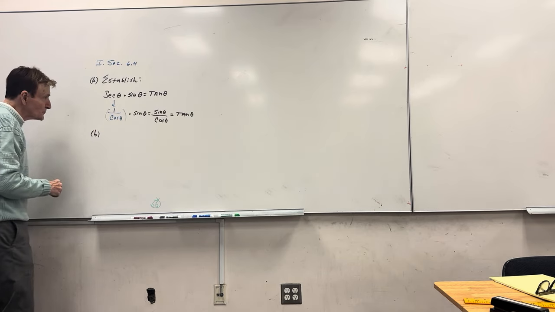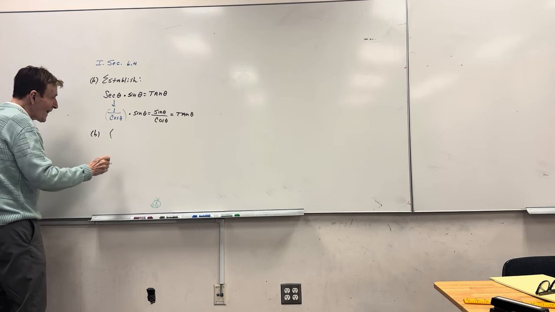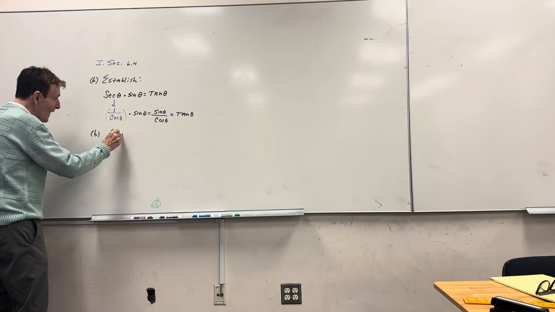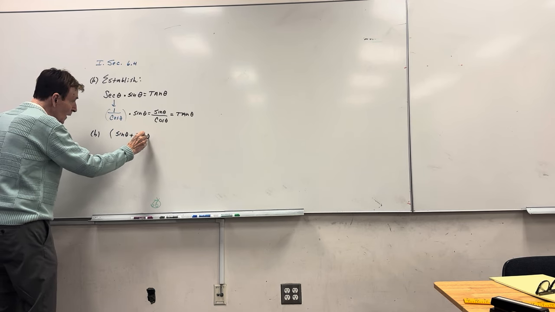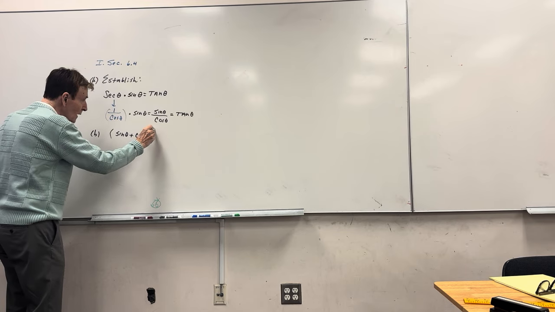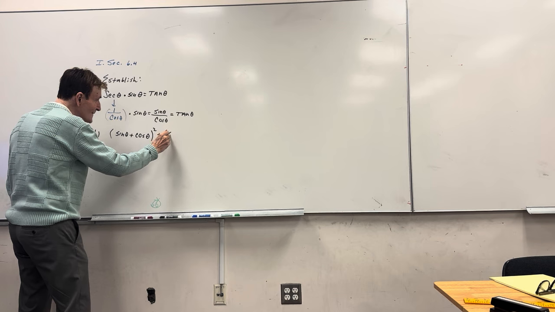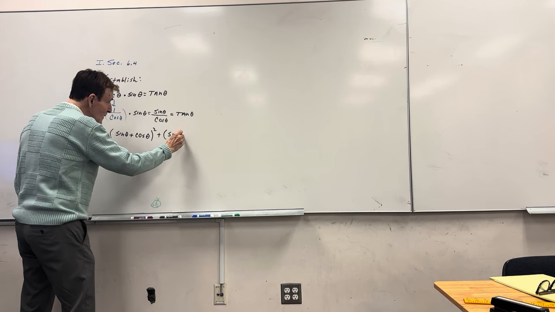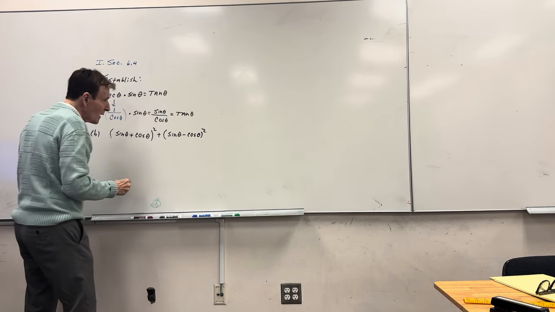Jacob, what's the next one? B is (sine theta plus cosine theta) squared plus (sine theta minus cosine theta) squared equals 2.